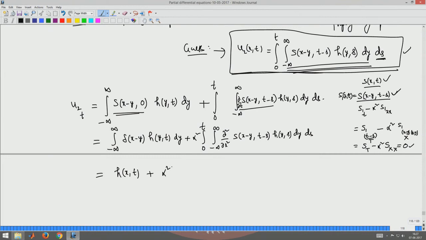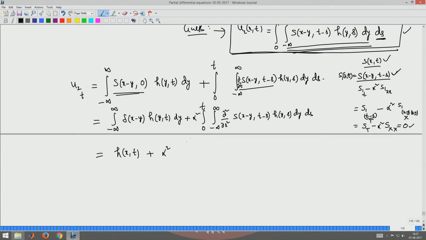Now, this one, what is this one? This is actually equal to alpha square into, now I can take this dou square by dou x square outside, since this integral is from minus infinity to infinity, and this is 0 to t.